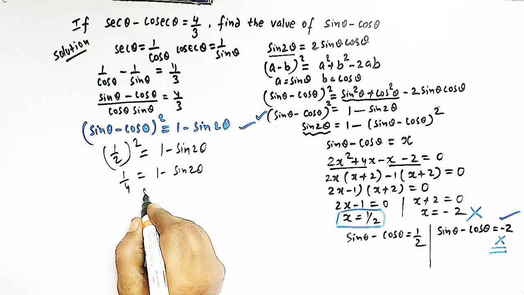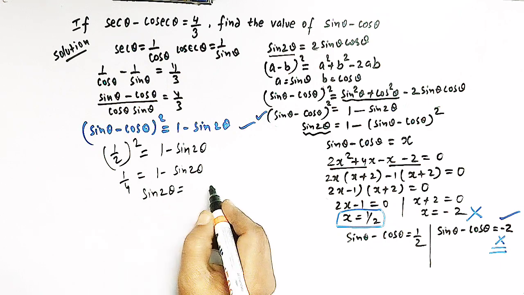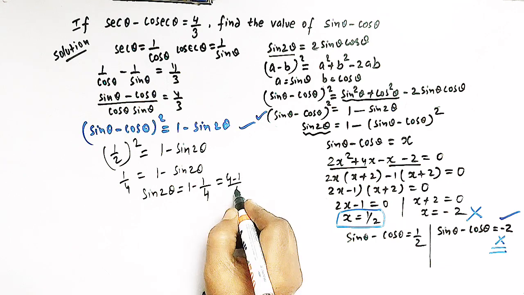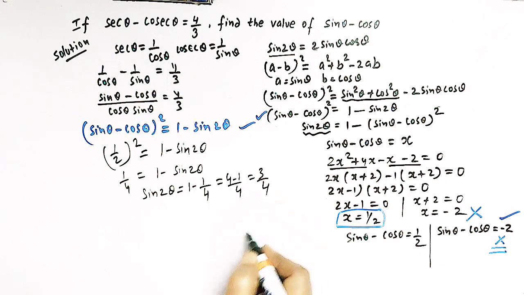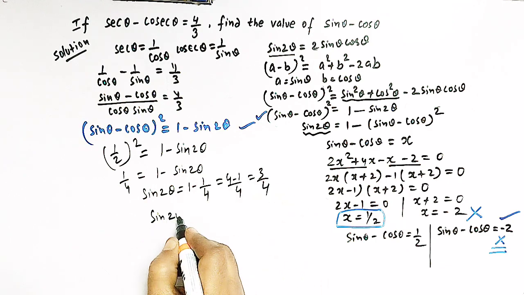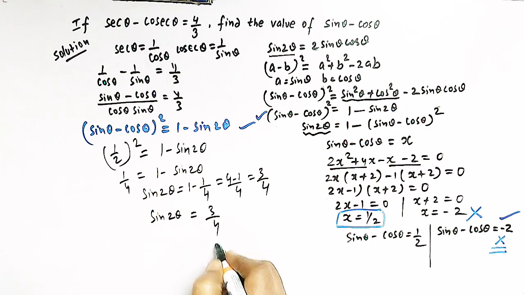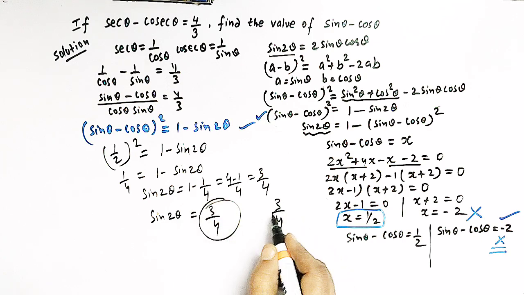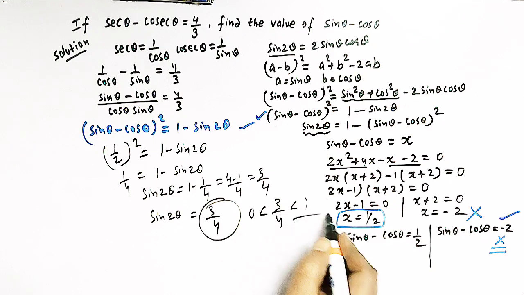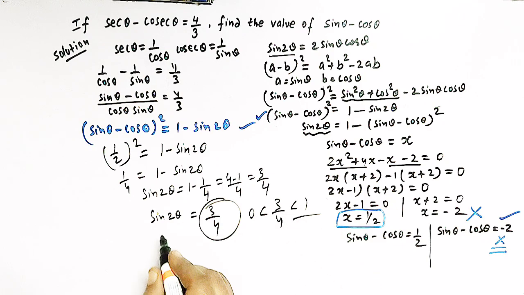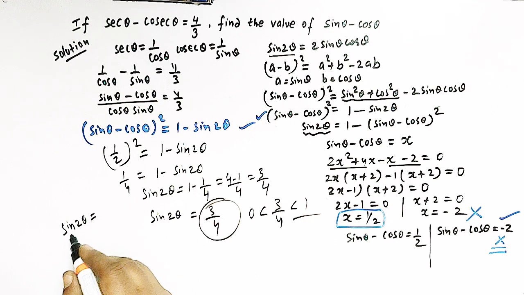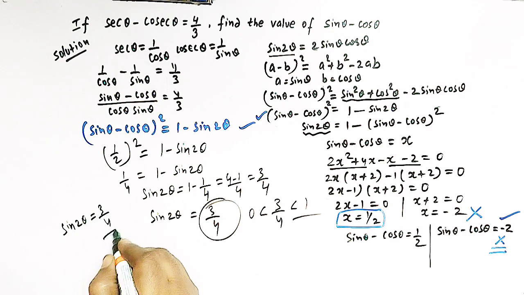Rearranging the terms, sine 2 theta is equal to 1 minus 1 over 4, that is (4 minus 1) over 4, that is 3 over 4. So we have sine 2 theta is equal to 3 over 4, and 3 over 4 is obviously greater than 0, but it is less than 1, right? So this equation is valid, that is, sine 2 theta is equal to 3 by 4.